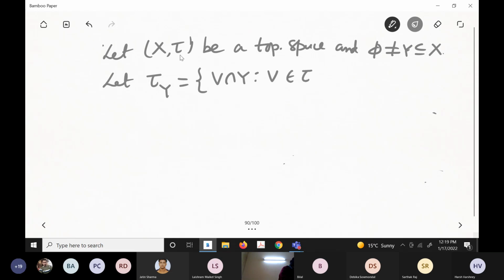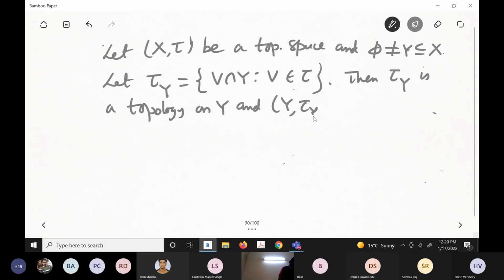This is all basically tau, open sets in X. This means open sets in X. Let Y be a subset of X. Then tau_Y is a topology. You should check that it is a topology on Y, and (Y, tau_Y) is called a subspace of (X, tau).